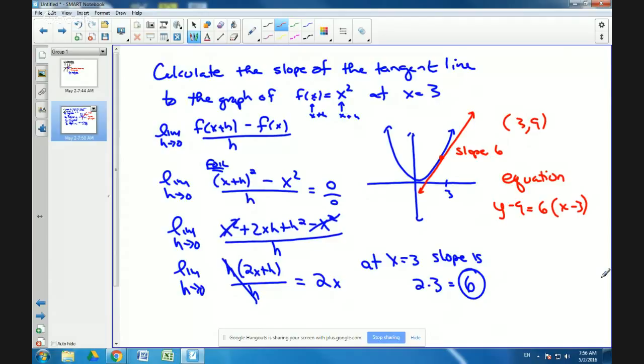Okay, so not very much more, just write the equation of that line. If I'm scoring a free response for calculus here, you just earn 1 point for this. You earn a point for the answer here, and you earn a point for the equation.